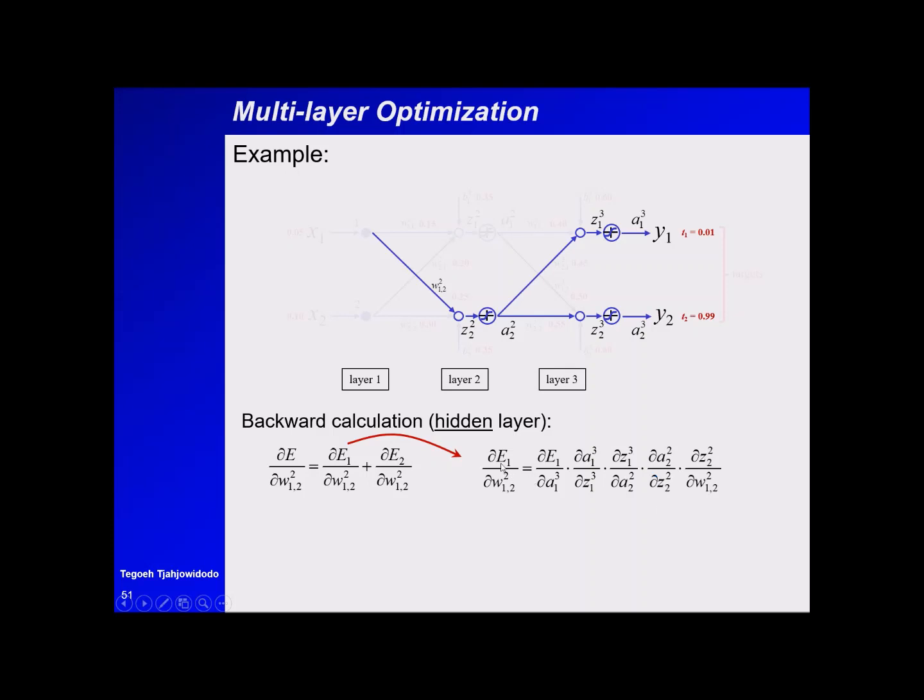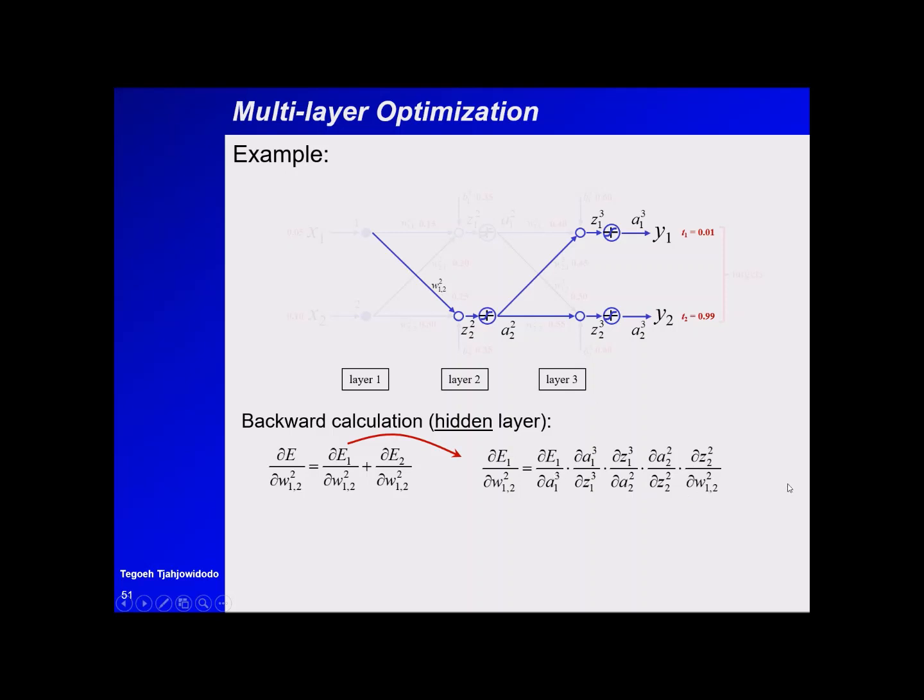The first derivative of the first error with respect to W122 is equal to this term times, because A13 is a function of Z13, and then Z13 is a function of A22, A22 is a function of Z22, and Z22 is a function of W12.